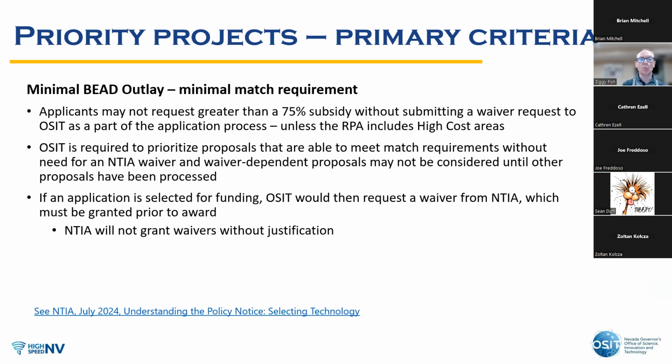You can't request more than 75%, meaning that you have to have a minimum of 25% match that you provide into it, unless you have a waiver, or unless you're constructing in one of the high cost areas.